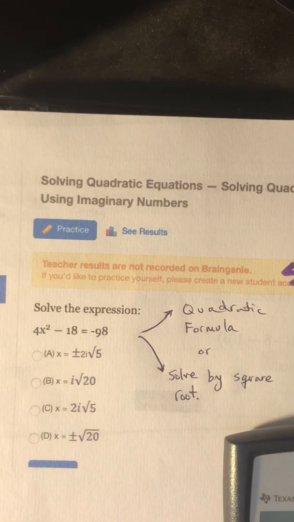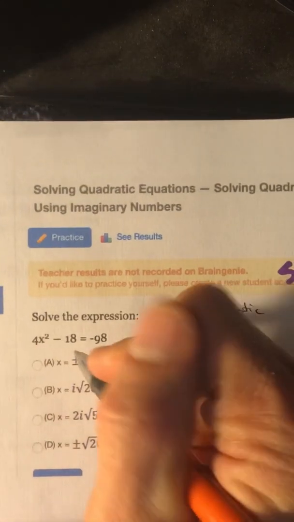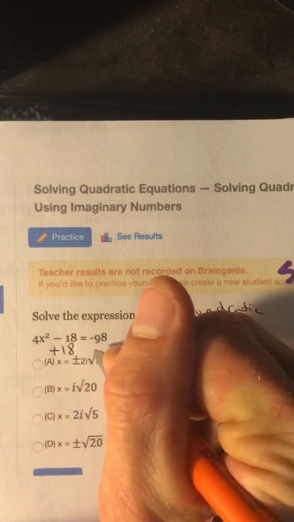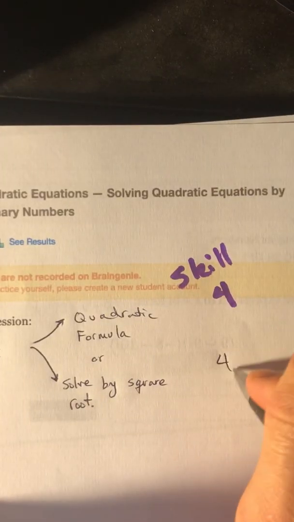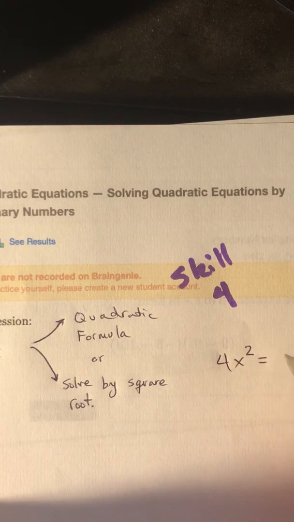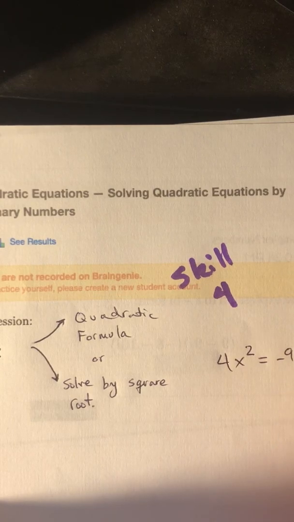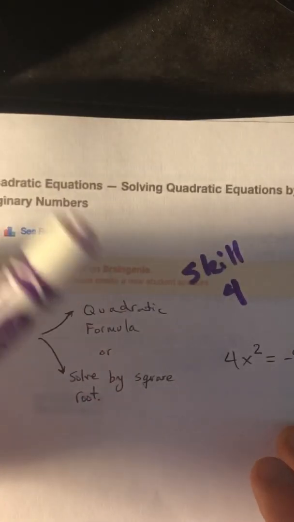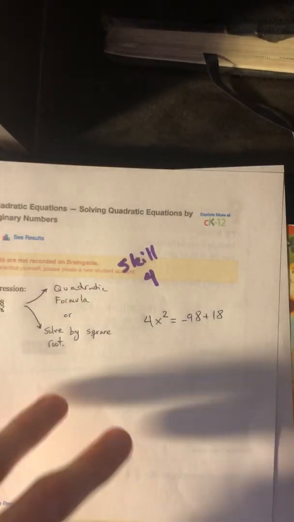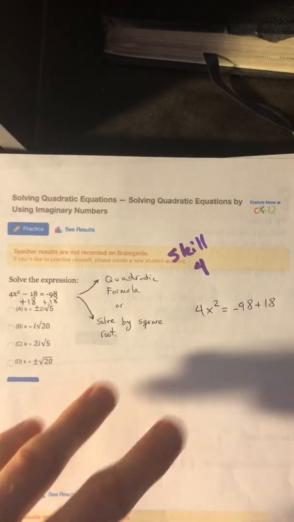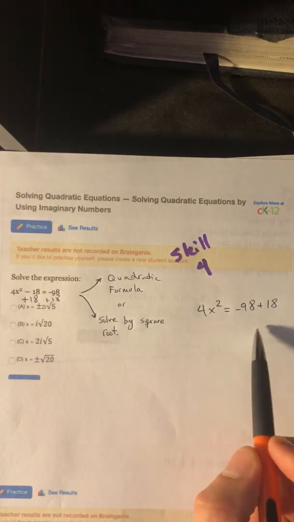So let's add 18 across to both sides. And maybe I'll move it over here. 4x squared equals -98 plus 18. Okay, so I added 18 to both sides.